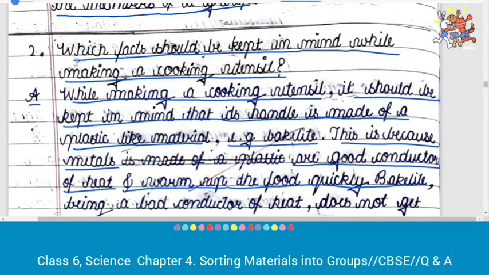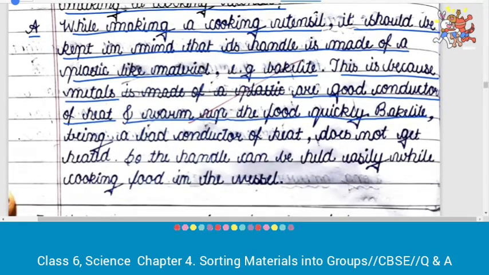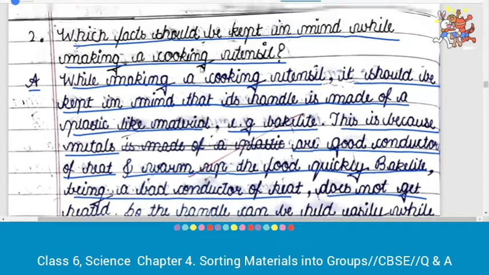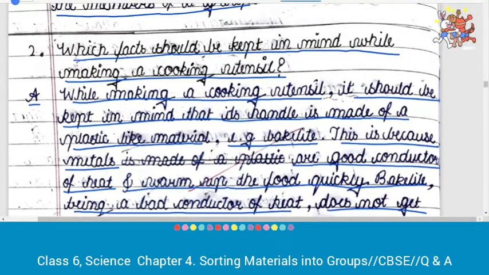Bakelite, being a bad conductor of heat, does not get heated. So the handle can be held easily while cooking food in the vessel. So that's why a cooking utensil handle must be made of bakelite, a bad conductor.